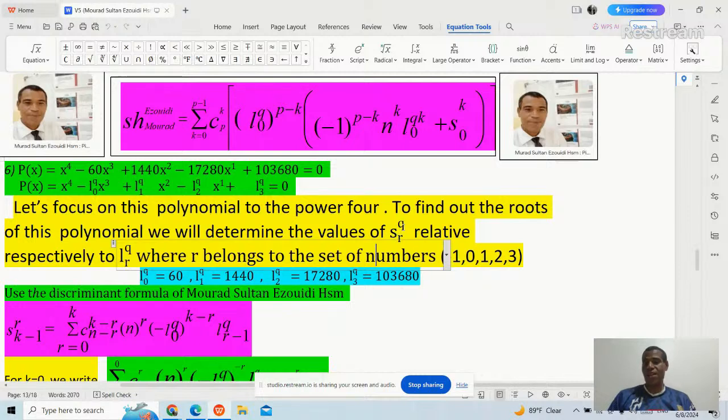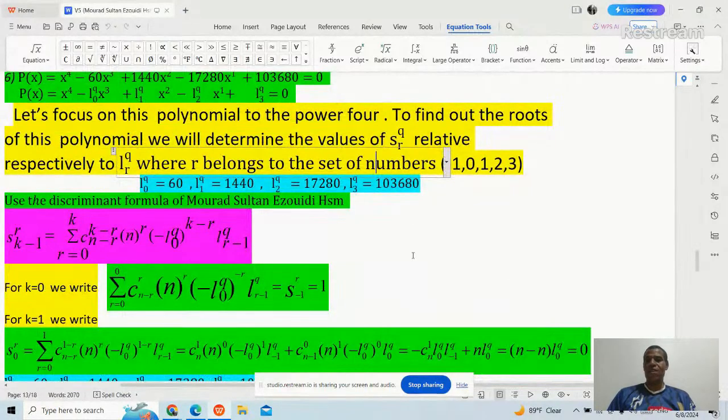When k is different from 1, you are going to work with the powers of the roots of the polynomial to the power n. This formula is the most generalized formula, which has been discovered by me. It's called the discriminant formula of Mourad Sultan Ezouidi HSM.